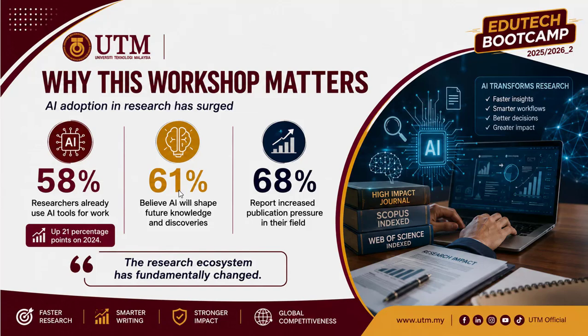68% report increased publication pressure in their fields. So the research ecosystem has fundamentally changed once the AI has been infused in society, in the research domain. So we need to adopt the AI, but we also need to learn how to use it effectively, because if you are cheating in the research, that means you are cheating yourself.